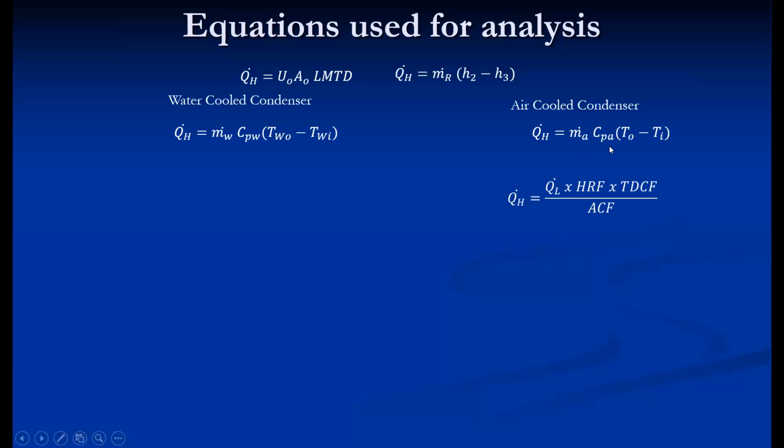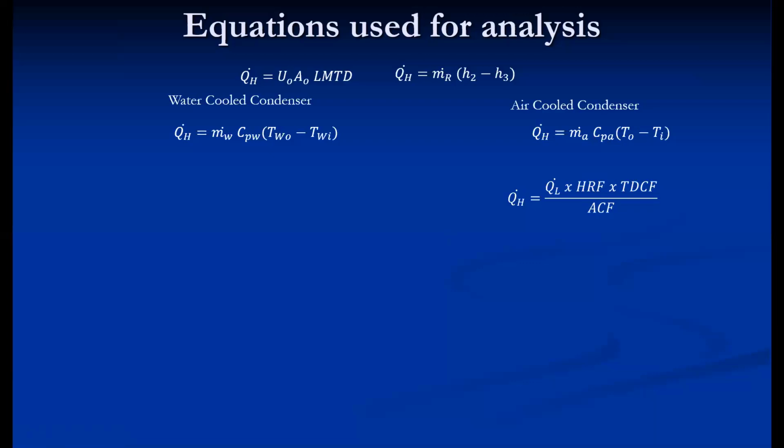That is if the air-cooled condenser is there. The heat rejection factor is nothing but the ratio of heat rejection divided by cooling capacity. So generally this ratio is greater than 1.